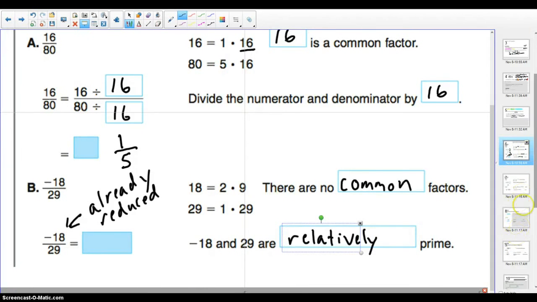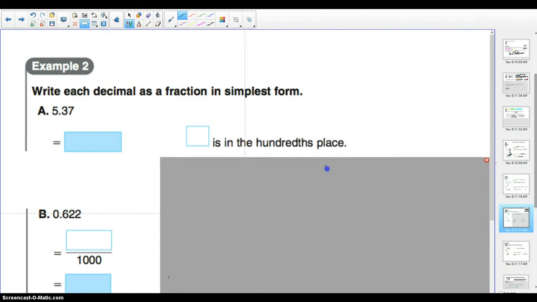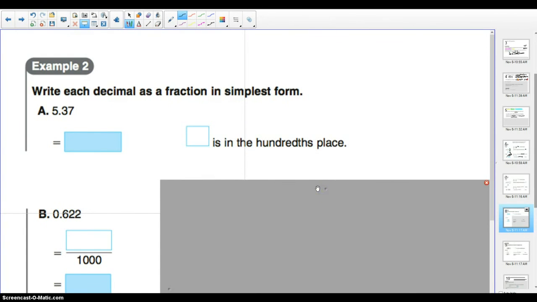Moving on to example 2 now in your notebook, we are asked to convert 5.37 from a decimal to a fraction. So what we need to do is look and see what place this goes down to. And we look, and 7 is in the hundredths place.